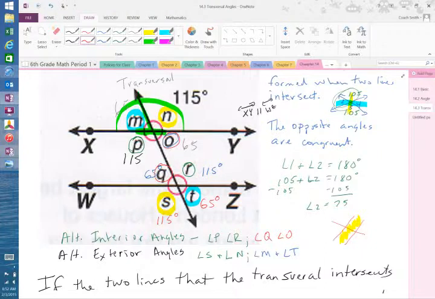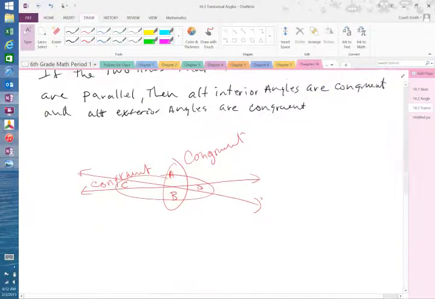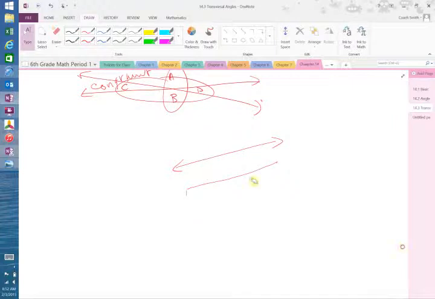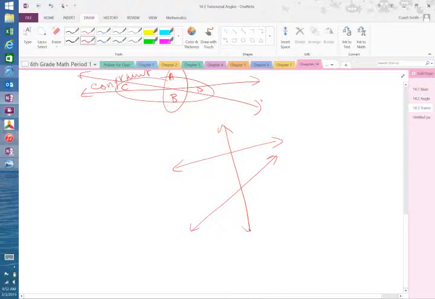Now, that only works if the two lines you're intersecting are parallel. If the two lines look like this, let's say I had that, well these alternate interior angles are not going to be the same. And you can tell that.